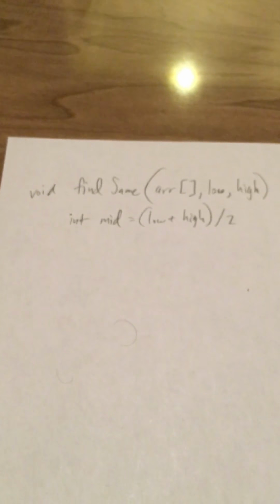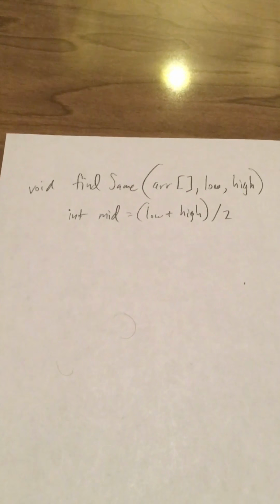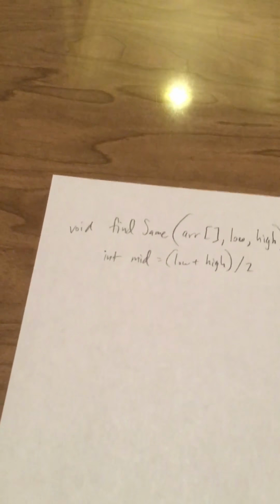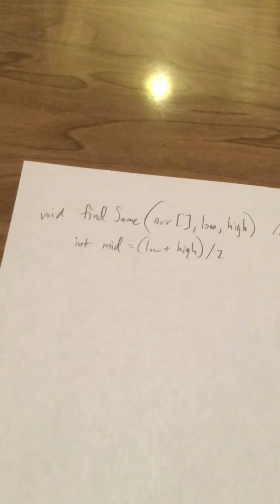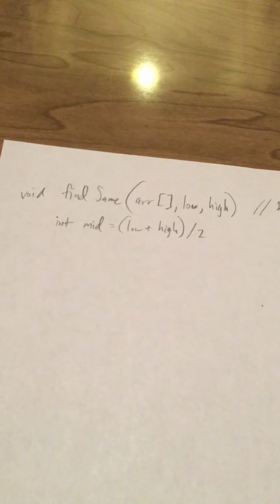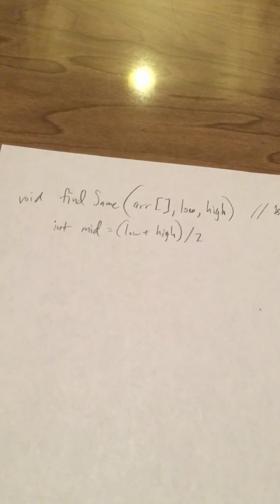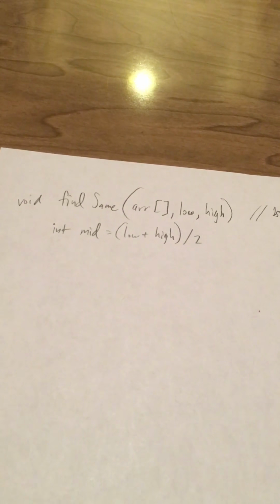It's not going to give us a float or anything like that. It's going to round down to the nearest integer. So if it was 9 elements, it would give us back, instead of 4.5, 4.